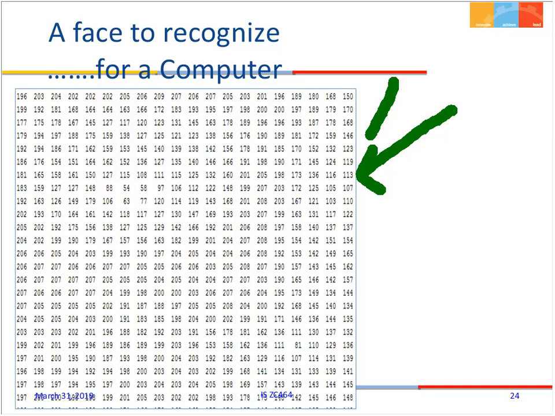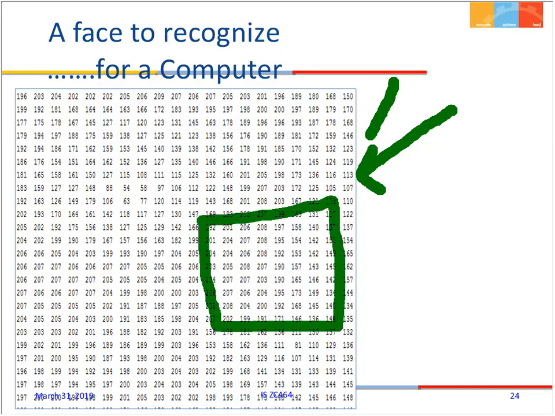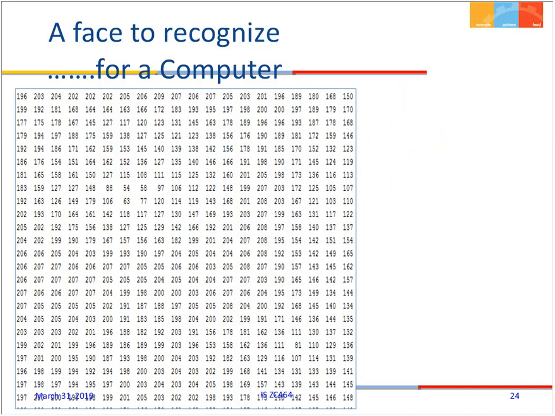But when a person is imaged, certain areas may have specific patterns, something like 204, 208, 220, then 180, 120, and so on, depending upon how much light is falling on the face and what the face pose is.